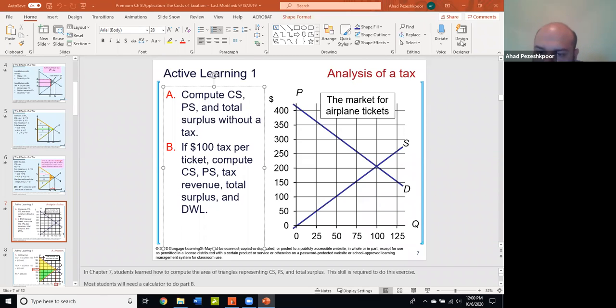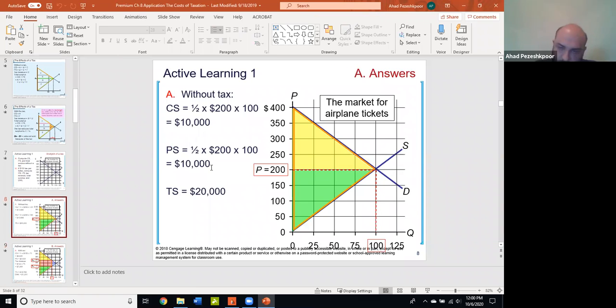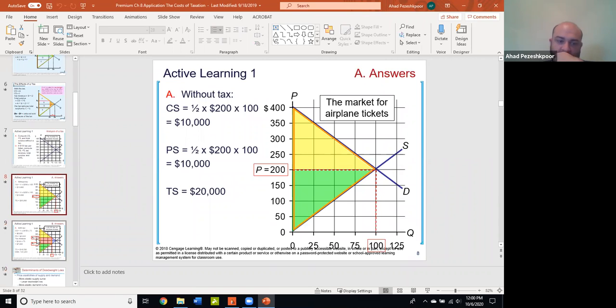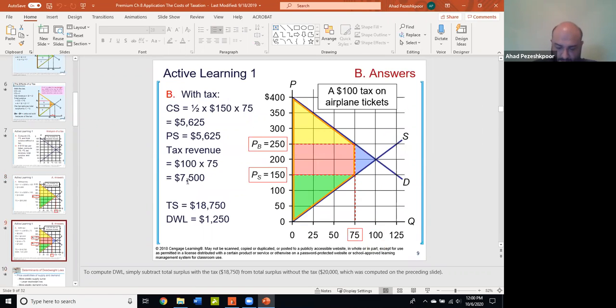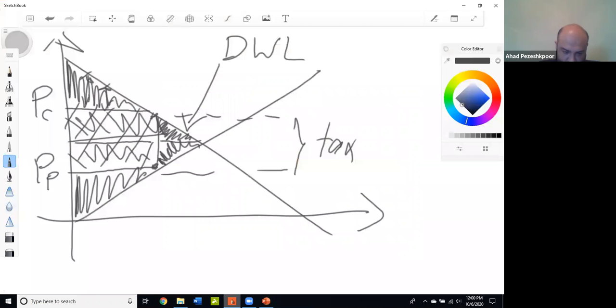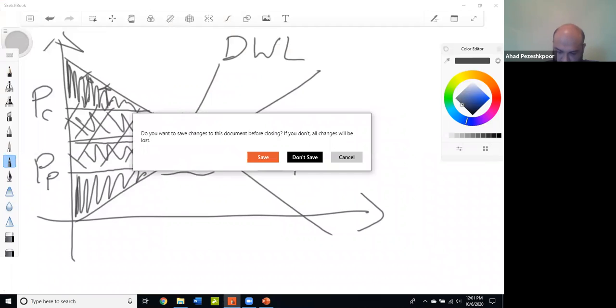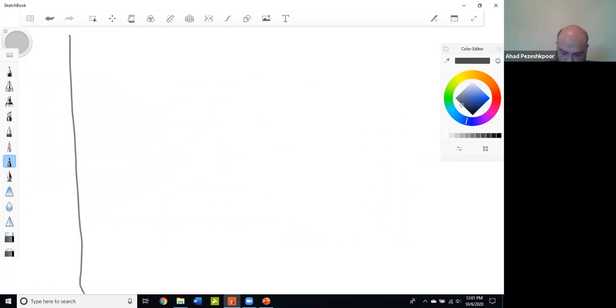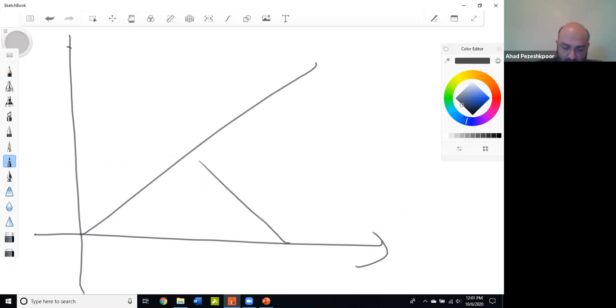Let's begin. The first part we did last time is just the supply-demand equilibrium. That should be easy. The second part: how much is the price paid by customers?